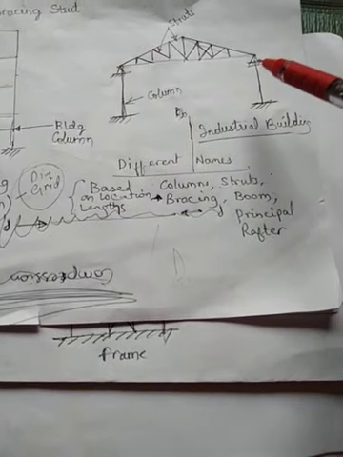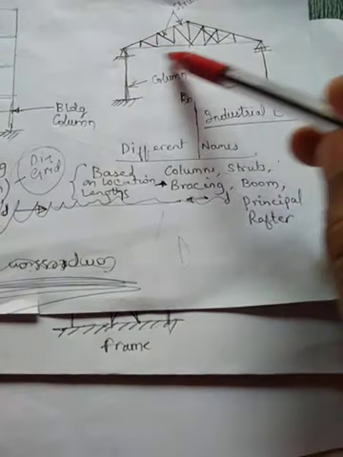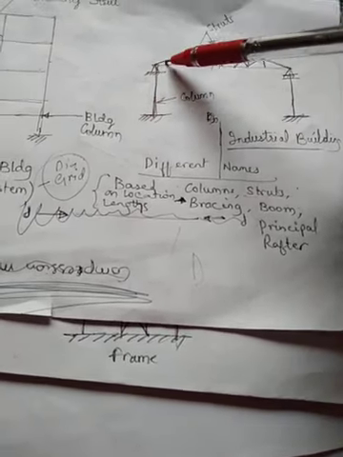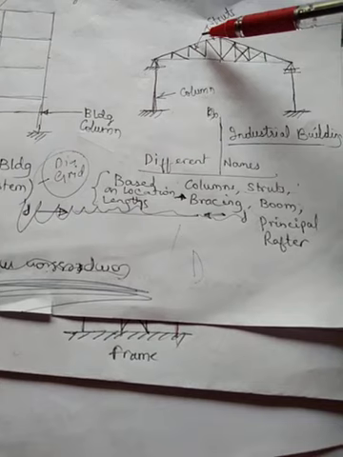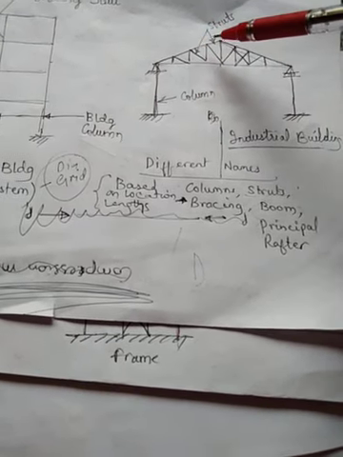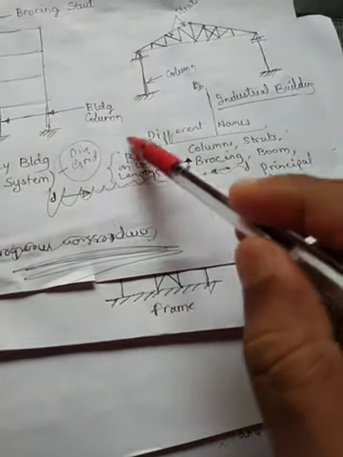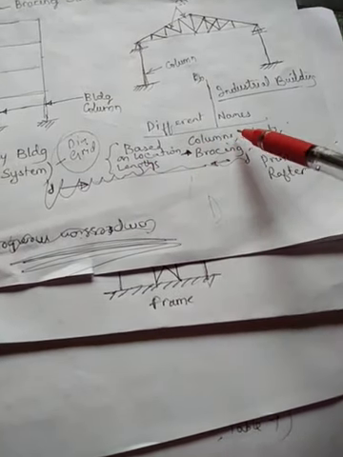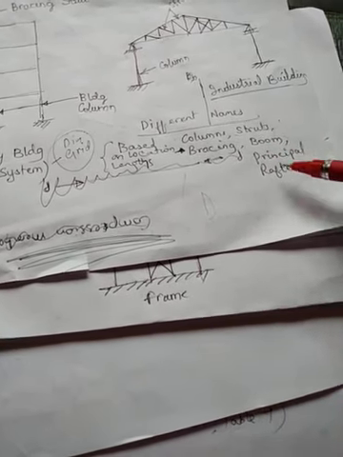And if I take an industrial building, here I find a vertical member as a column, and in this roof truss, these inclined members are compression members which are named as what? Struts. And these top chord members are also compression members. We commonly know them by the name rafter. Okay, these are the rafters. So we have different names based on location and length: columns, struts, bracing, boom, principal rafter.